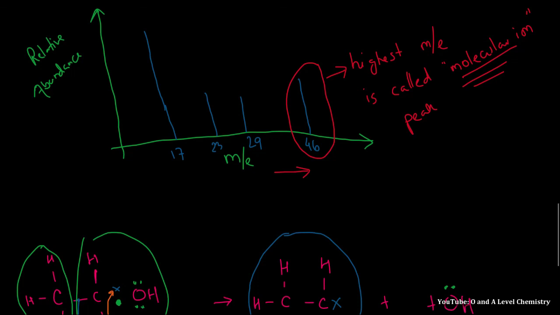We have nothing to do with the abundance. It might be very tempting to go with the tallest one and say, oh, this is the molecular ion peak. No, don't do that. Hold your horses. The highest m/e value, the one most towards the right, is your molecular ion peak. Just remember that and you should be fine. I'll make another part of this video later on.